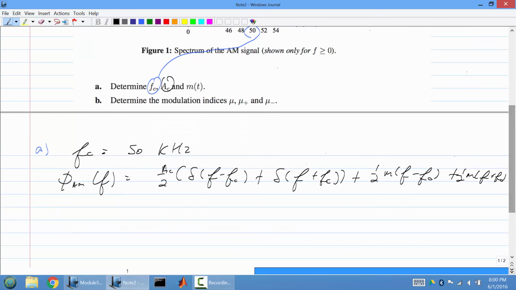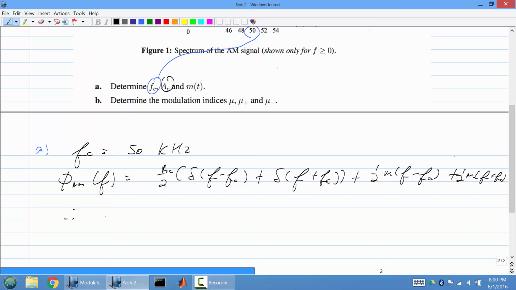So A_c is 2 times 2, which is 4, because this already scales the impulse by 1/2. That's what's being displayed. So to get the original amplitude back, I just multiply by 2.